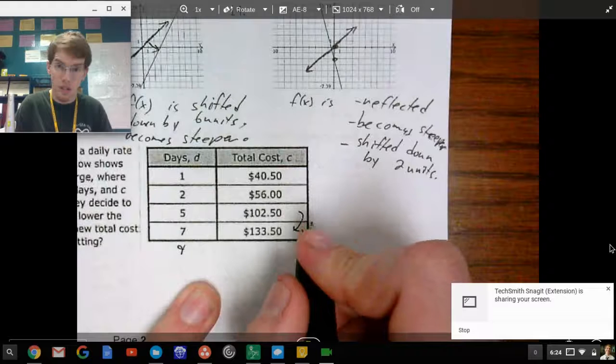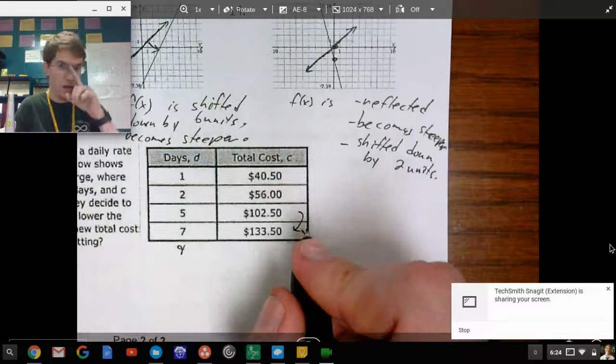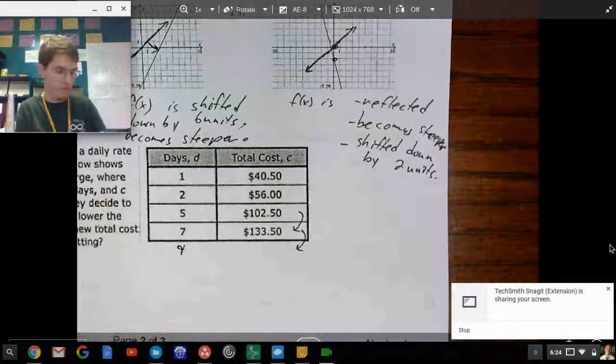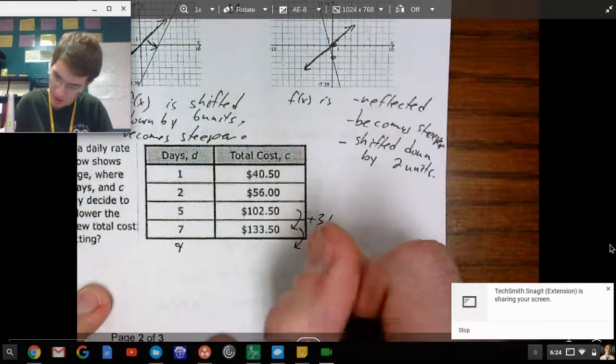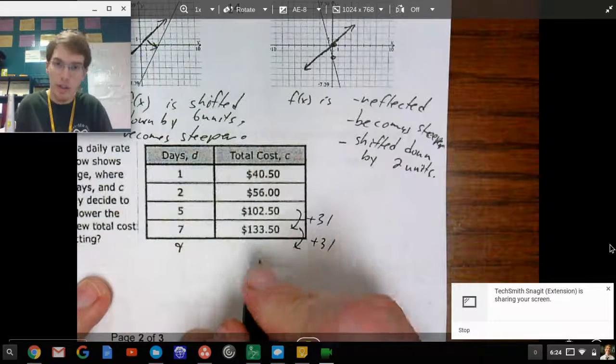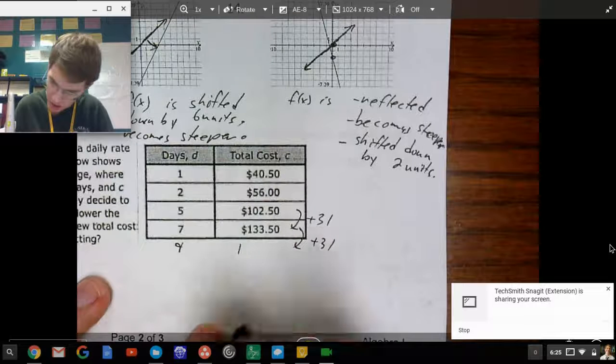Looks like if I subtract 133.50 minus 102.50, I get 31. So I'm going up by 31. So if I add 31 right there, I get 164.50.